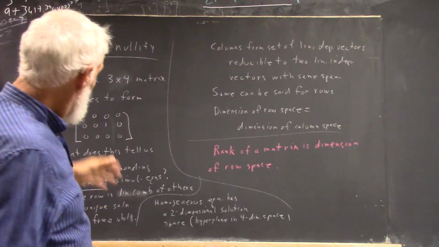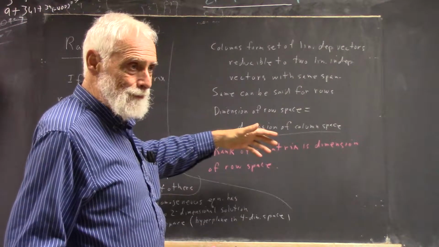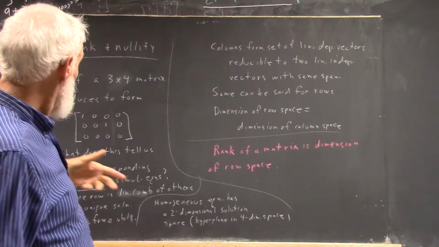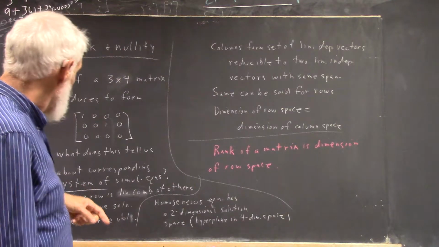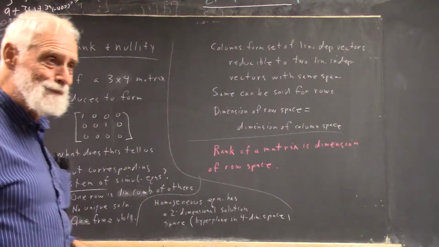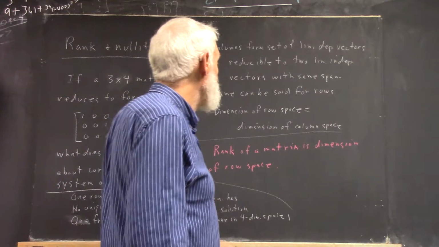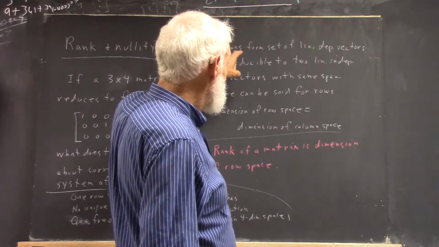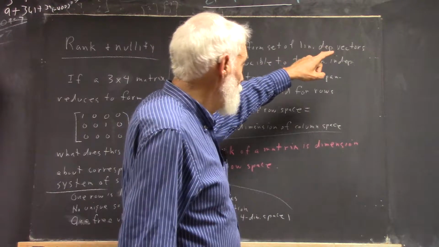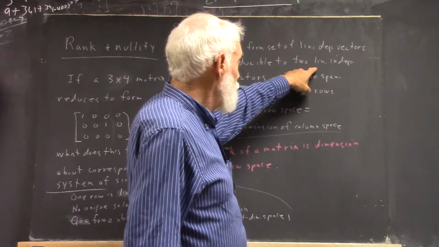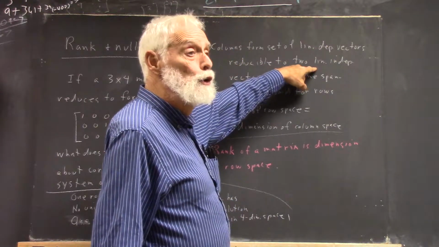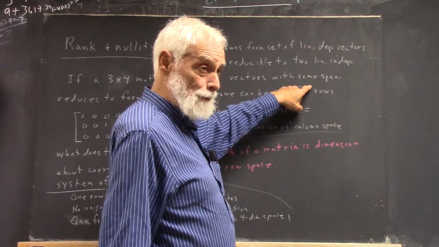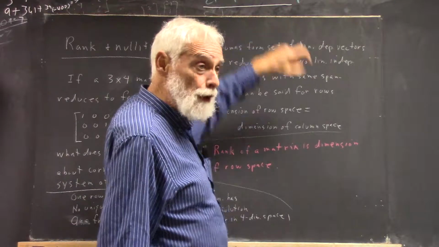So it's the column vectors that are linearly dependent. And also, since you've only got two leading ones here, the column vectors reduce to a set of two linearly independent vectors with the same span as the four columns.